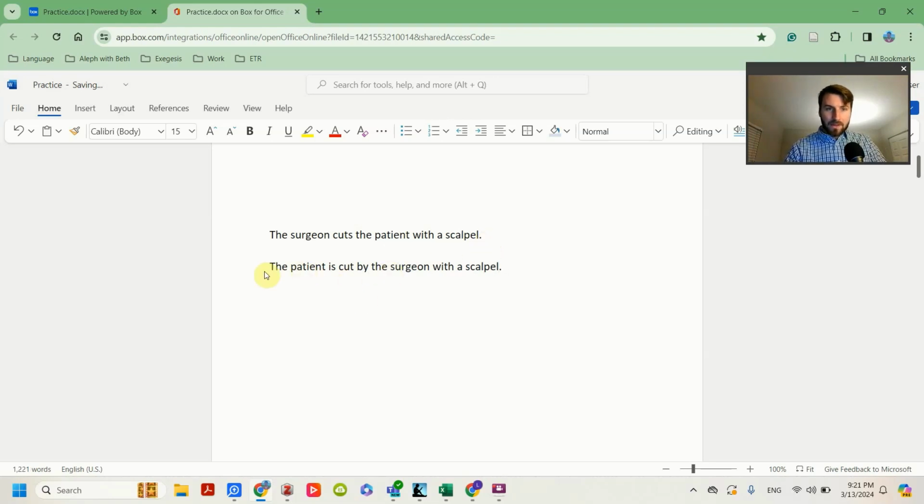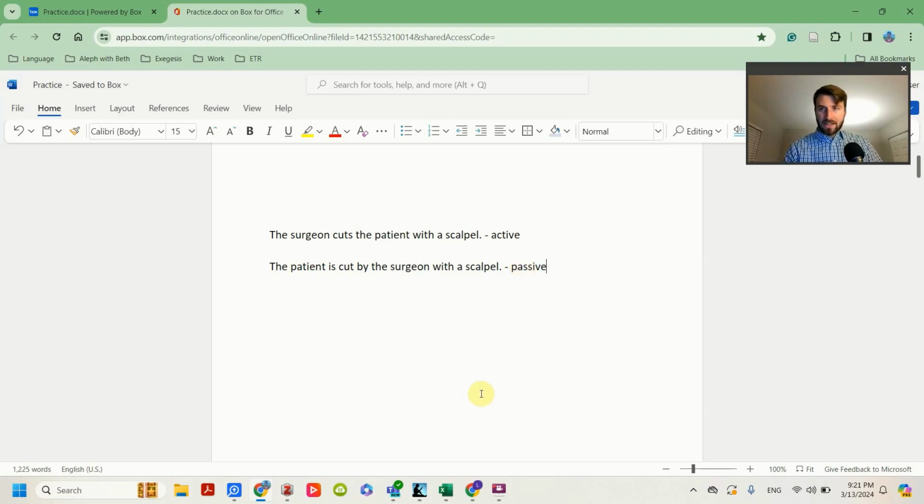So now, rather than the subject of the sentence, the patient, actively doing the verb, the verb is being done to the subject. The subject is now passive in the action. It's receiving the action. So this is active, and this is passive.